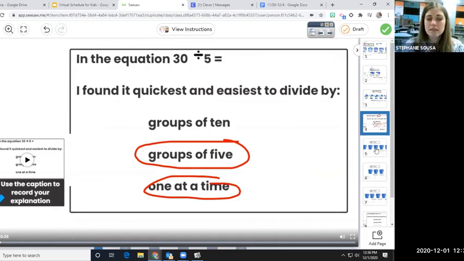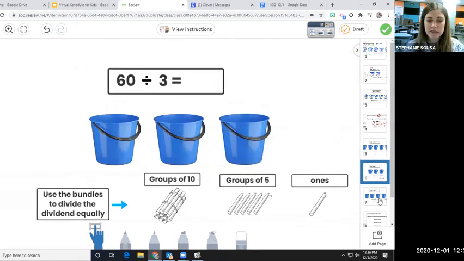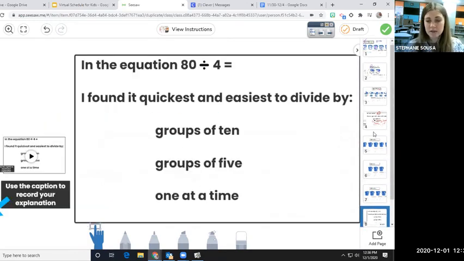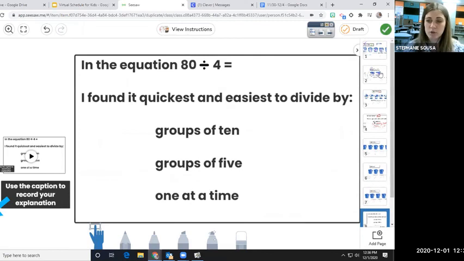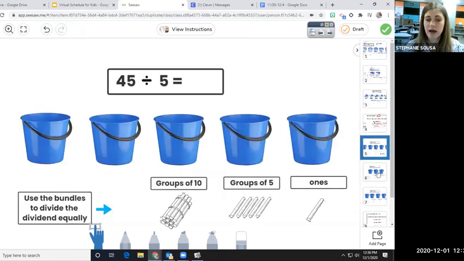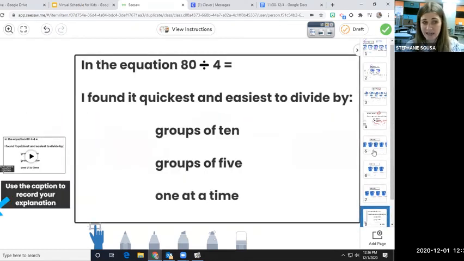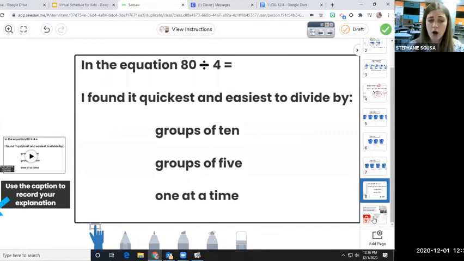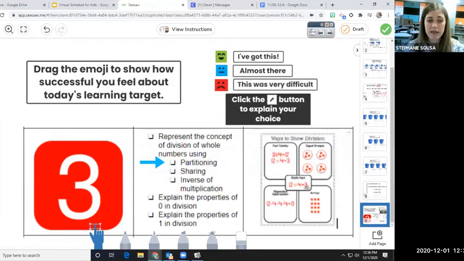Okay. Slides 5, 6, 7, and 8 are exactly like the slides we just practiced together, but they're going to be completed independently. Okay. So you are going to complete slide 5, 6, 7, and 8. You are also going to complete slide 9. After you've done your work, which way describes how you are feeling?